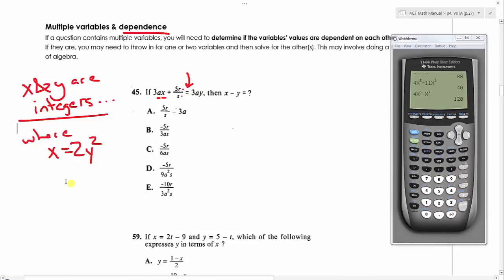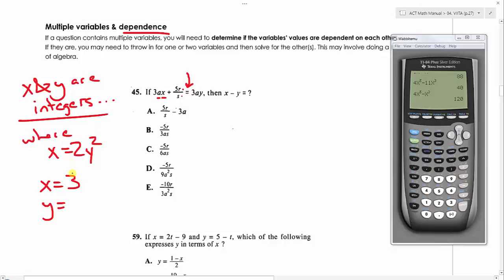But on a question like this, if I were to say that X equals 2Y, well, I cannot just willy-nilly throw in whatever the heck I want here. If I throw in X equals, let's say, 3, well, then Y is going to have a predetermined value based on that 3 because X and Y are related in an equation.